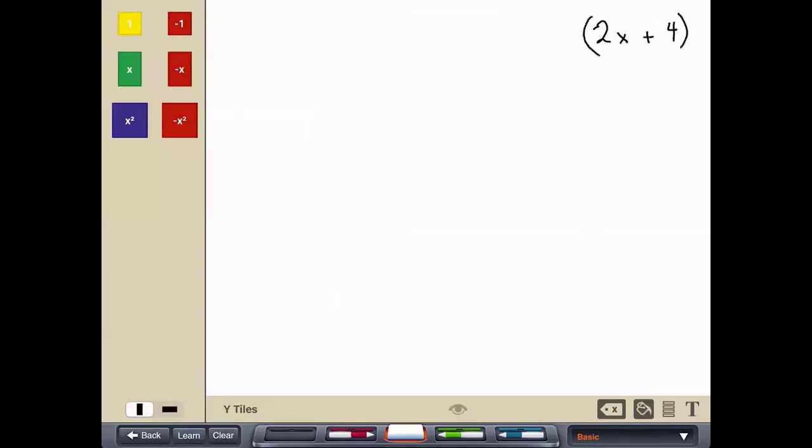If we model that with our manipulatives, we're going to have 2 times x, and for the numbers, 2 will be represented as 2 1s stacked on top of each other instead of side by side. Then we have a plus sign, and then we've got 4 1s.